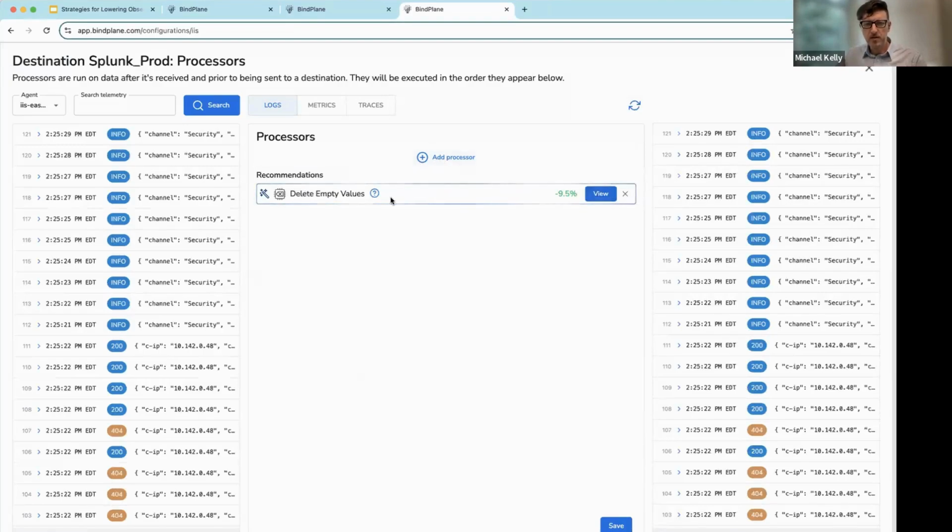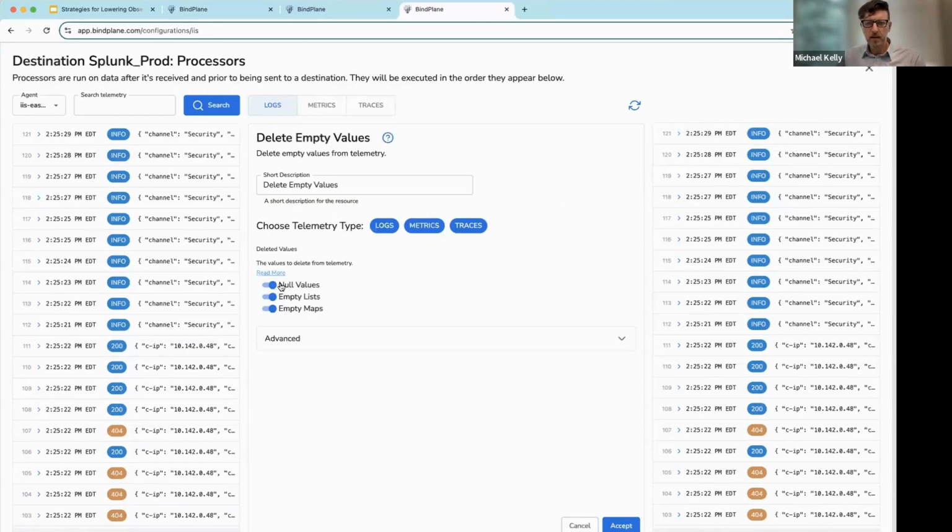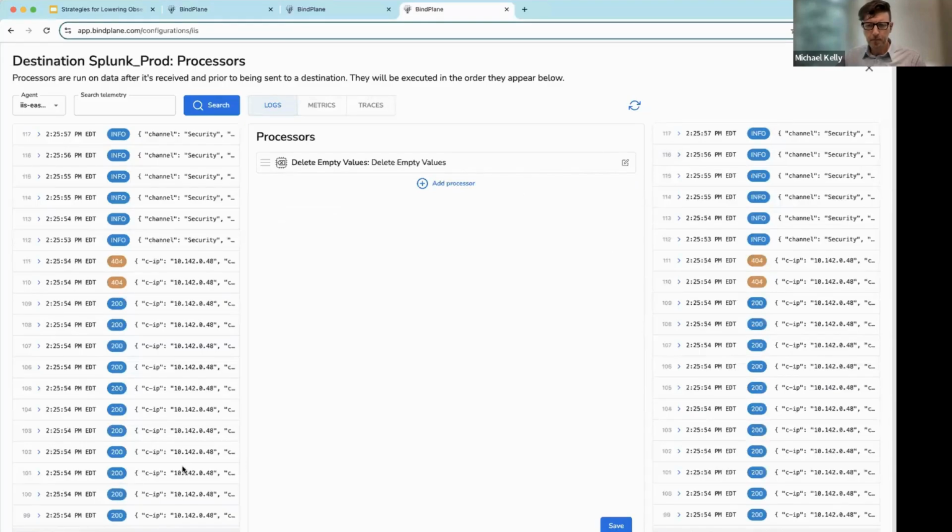BindPlane provides recommendations. It recommends deleting empty values. That would reduce the total logs by almost 10%. This is just null values, empty values, so we can safely accept that. And then we'll see that there's a reduction in the total volume of those logs.